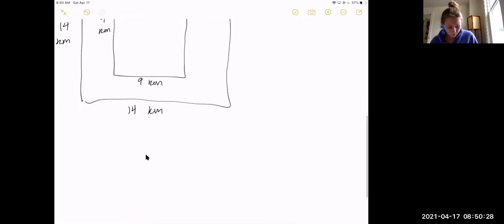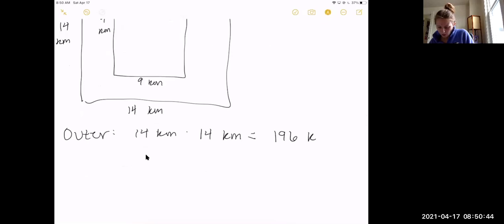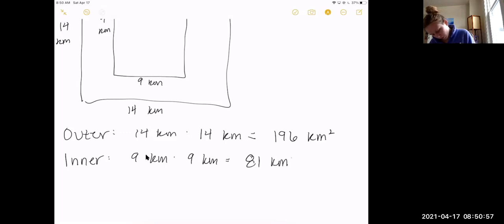The outer will be 14 kilometers times 14 kilometers, and that's going to give us 196 kilometers squared. Then we have the inner, which is 9 kilometers times 9 kilometers, and that gives us 81 kilometers squared.